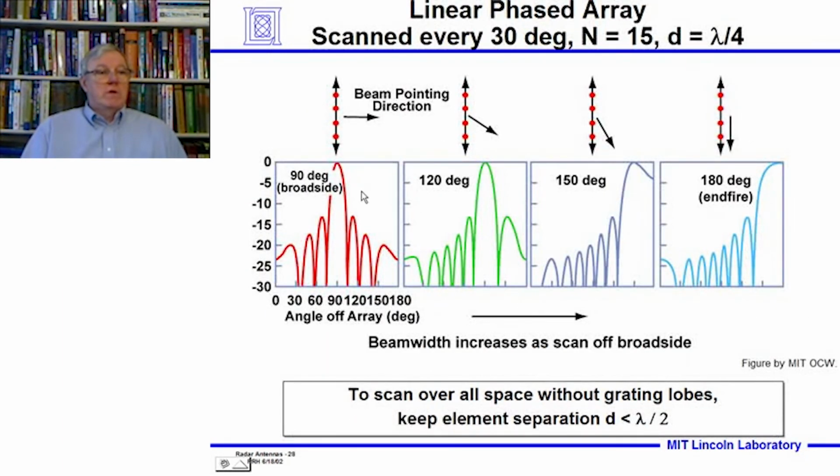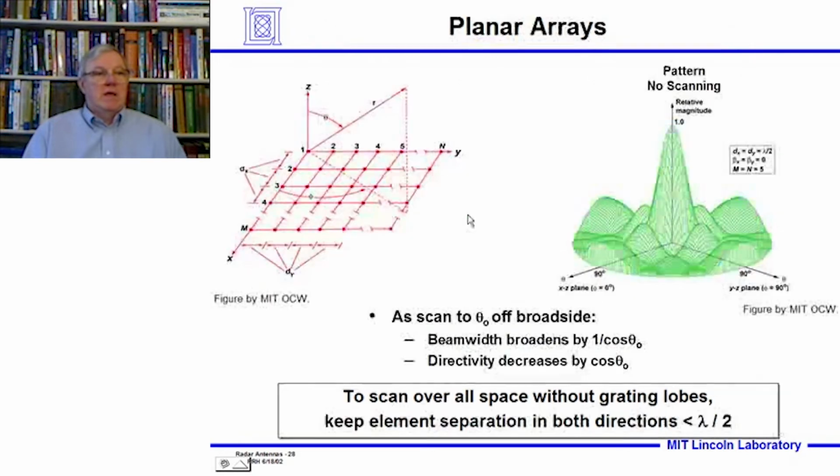Now, one other thing I want to point out is that the gain drops with the cosine of your angle of the beam off of broadside, and the beam width increases to your baseline beam width divided by the cosine of the angle that you're off of broadside. That's just a little tidbit I'll add in.